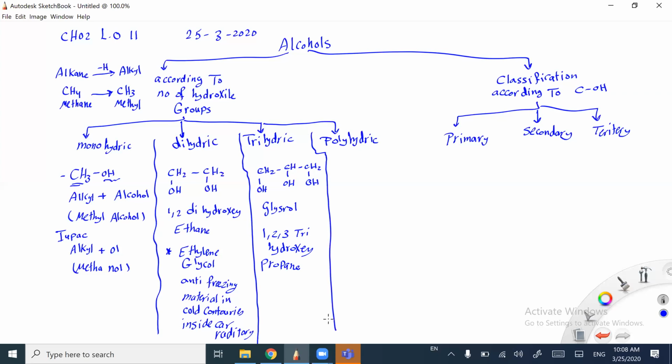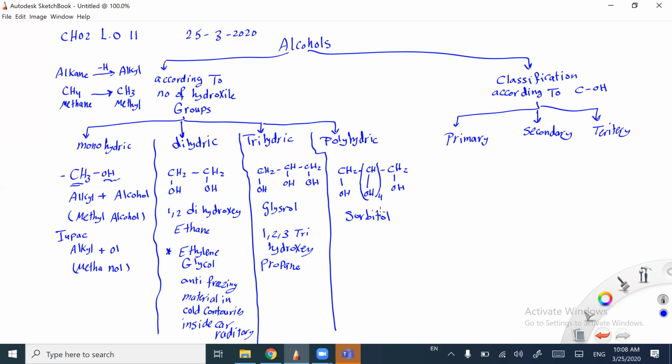Polyhydric contains more than one hydroxyl group, like CH2OH, CHOH, CHOH, CHOH, CH2OH.